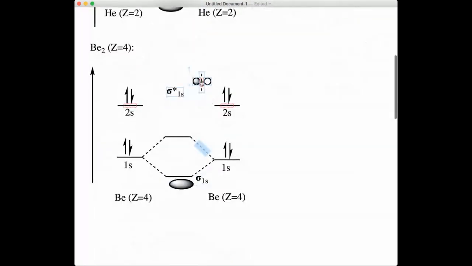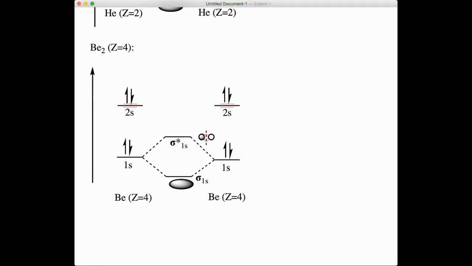Nothing really new whatsoever. Then I'm going to combine the 2s orbitals. Combining these two 2s orbitals, how many molecular orbitals should I expect?